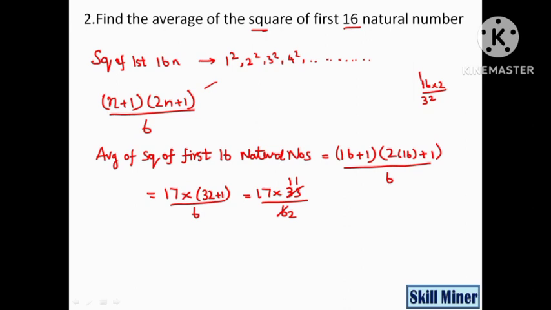So we need to solve this. 17 into 11, 187 is equal to 187 divided by 2. 9 twos are 18, 3 twos are 6, balance 1, 5 twos are 10. So our answer will be 93.5. Okay. The average of square of first 16 natural numbers will be 93.5.